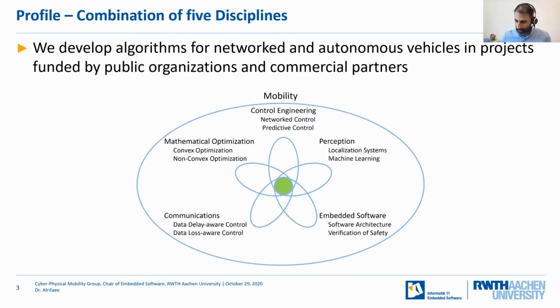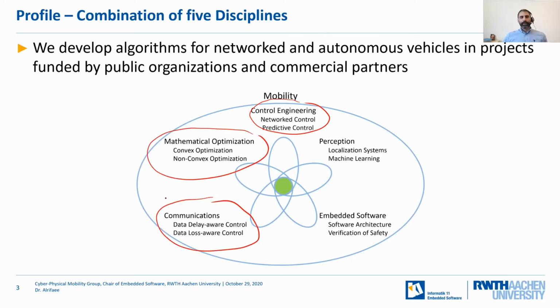The topics in the group are control engineering, mathematical optimization, and communications, and these 3 parts are part of this course. We do also research in the area of software architectures and verification of safety.